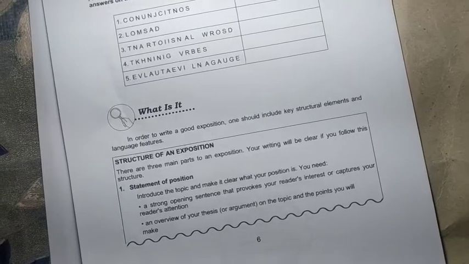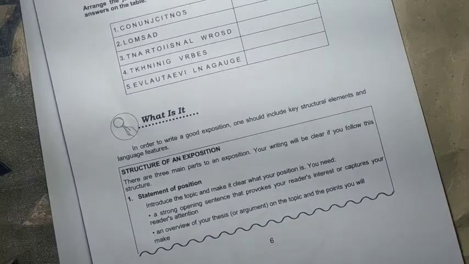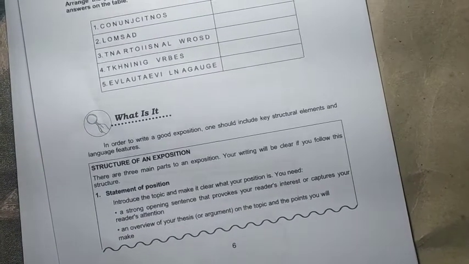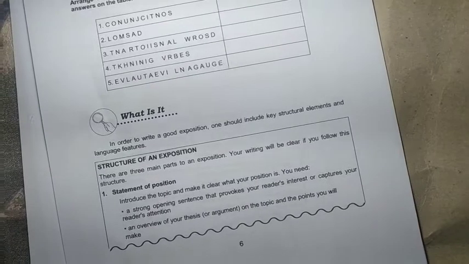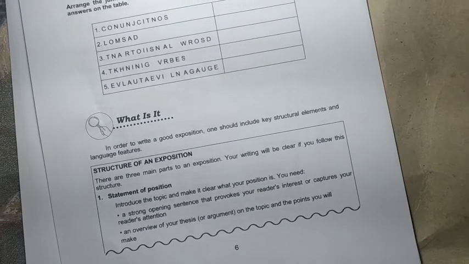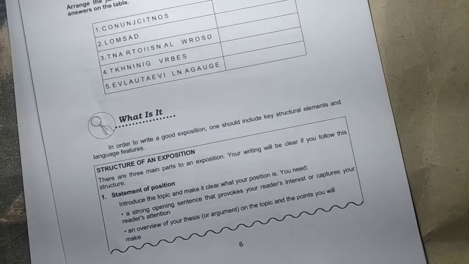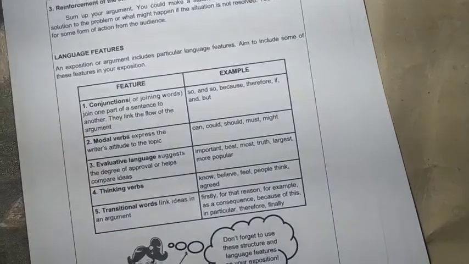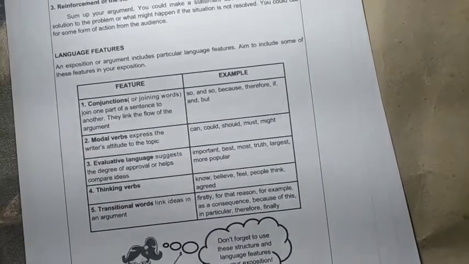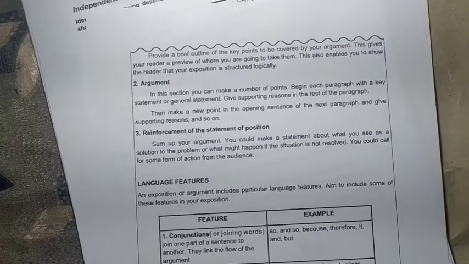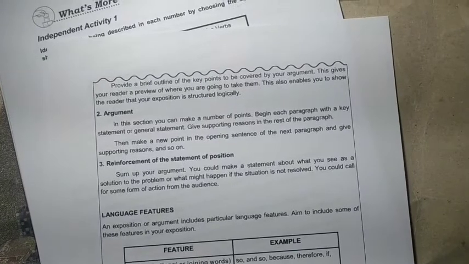But before we proceed to the independent assessments, let us go back. When we say structure of an exposition, we have three parts. The statement of position, it is where you are saying your own stand, your own position, if you agree or not. Then you will have your brief, short evidences to make them hooked and to increase their interest. Then the second one will be your argument, or your evidences that will strengthen your stand.